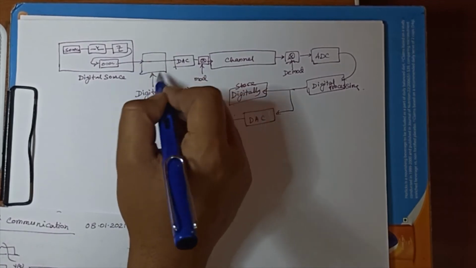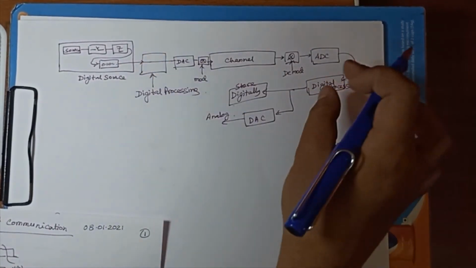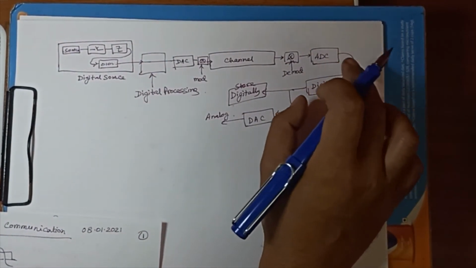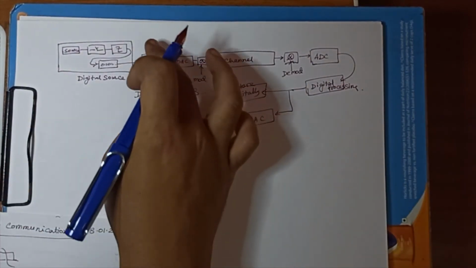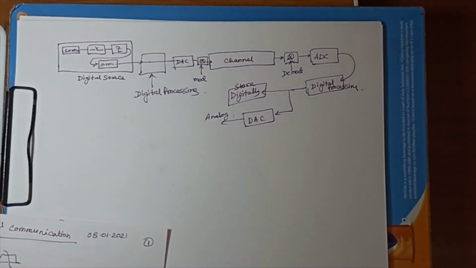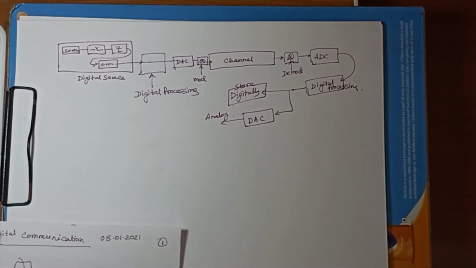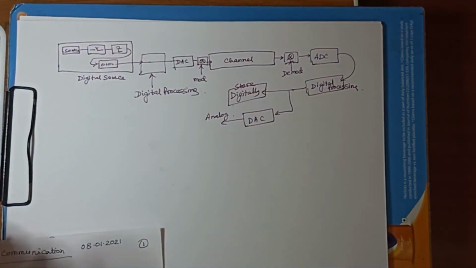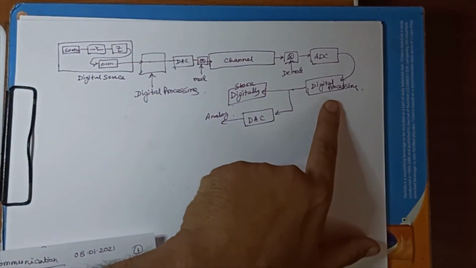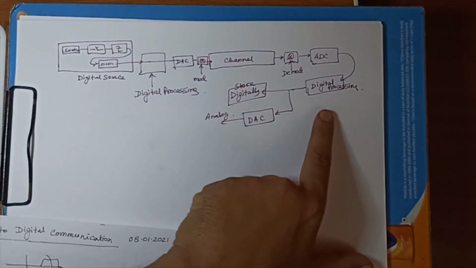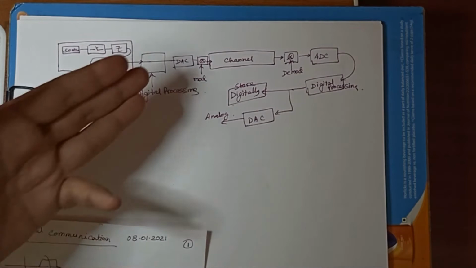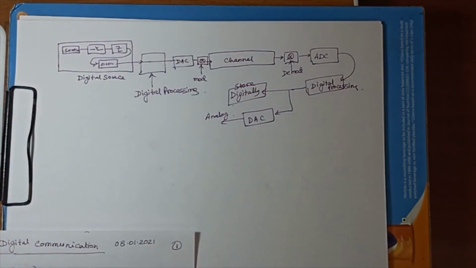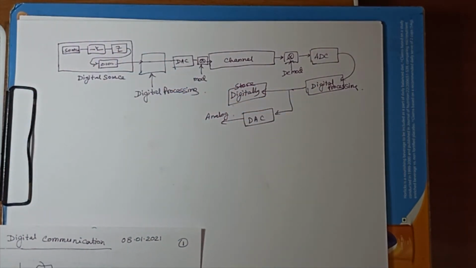So we want to move this processing from the analog to the digital domain. In analog communication, this processing, which can be a filter or whatever, is done in the analog domain, but now we want to do it in the digital domain. These will be algorithms running on some computer, and computers are cheap. Computer can mean an embedded system or dedicated digital hardware as well.